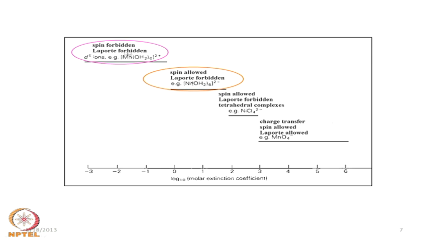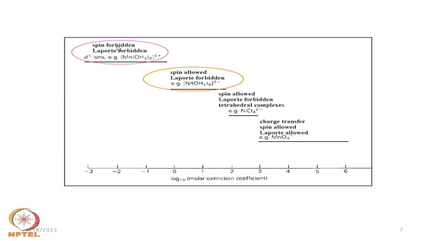Compared to the hexaaqua manganese compound, the transition intensity is higher because it is spin allowed. So, we get molar extinction coefficient values, on a log10 scale, close to this particular value. That means this value is very small compared to that; the value for hexaaqua nickel is higher. Similarly, the other case we get is where both of them are allowed.